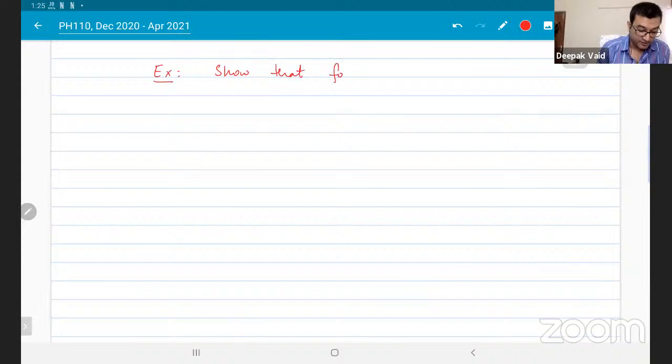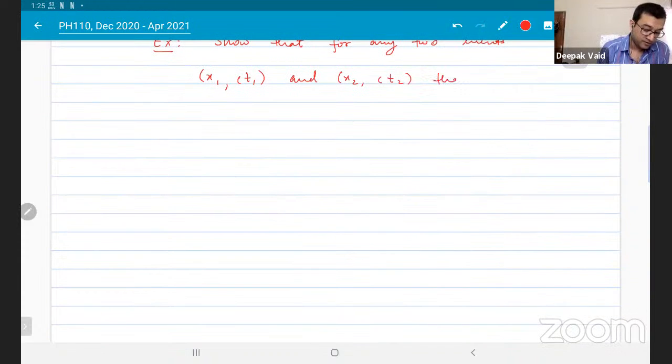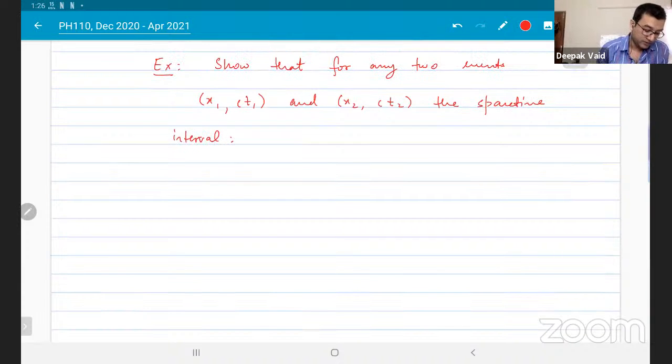Show that for any two events, x1 comma ct1 and x2 comma ct2, the space-time interval, which we'll define as delta s squared, is equal to delta x squared minus c delta t squared. This is the space-time interval.